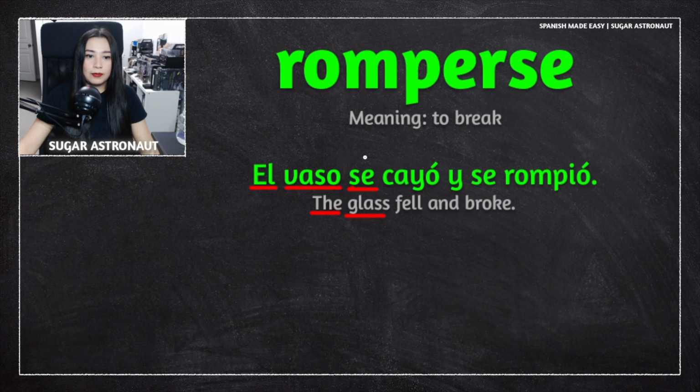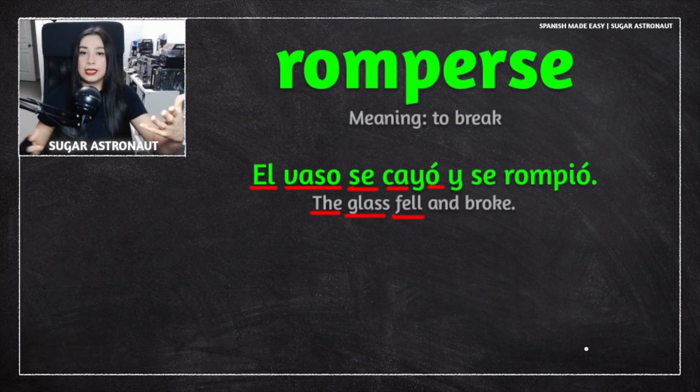In this case, we needed it because we're talking about the glass, right? And the glass fell. Okay, so se cayó means fell. It's very similar to saying that. El vaso se cayó, the glass fell. If I remove se from cayó, el vaso cayó, it sounds incomplete.